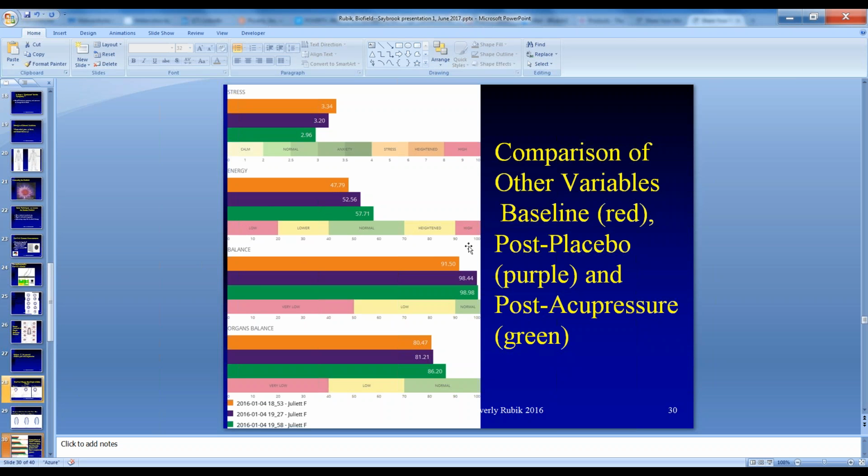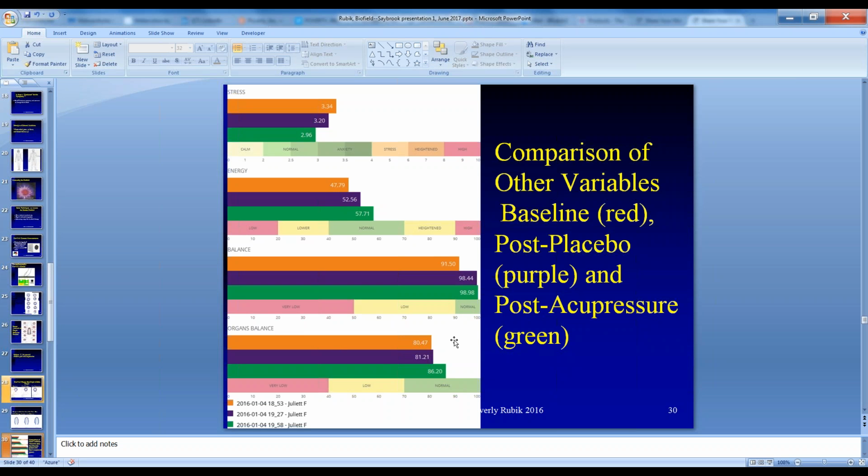People should be right-left balanced. That's ideal. Again, the smooth, unimpeded flow of qi is the ideal in regulation of energy. So this person started out about 91.5% left-right balance. The placebo definitely boosted her left-right balance to 98.4, and the active intervention a shade more, 98.98.